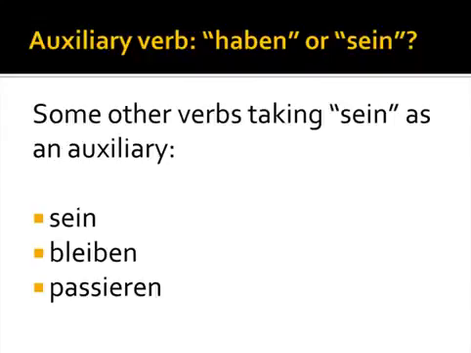Finally, the verb passieren, to occur to or to happen to, I suppose implies some type of change. One moment everything's fine, and the next moment something happens to me. You would have to use some form of the verb sein as a helping verb when forming the present perfect tense using this verb.